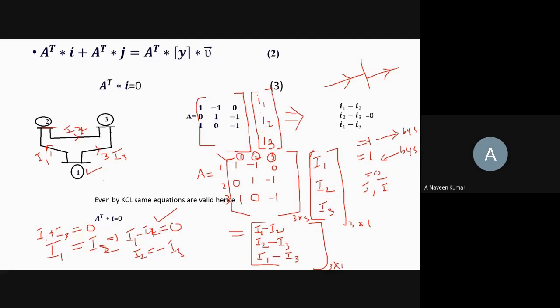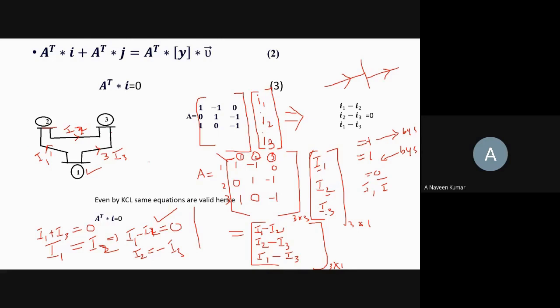Yes, 1 is in this direction, 2 is in this direction, 3 is in this direction, same direction only. So we have bus number 1 and bus number 2.